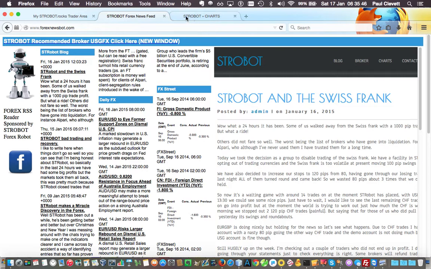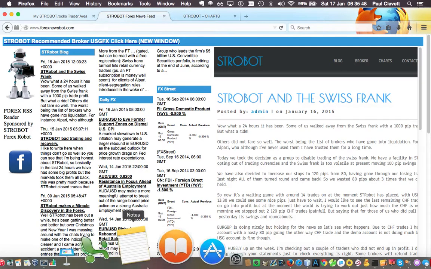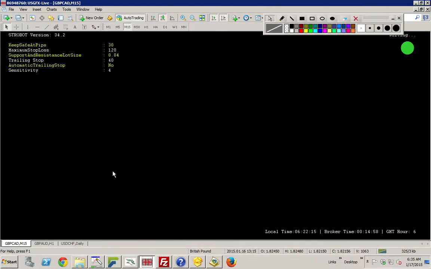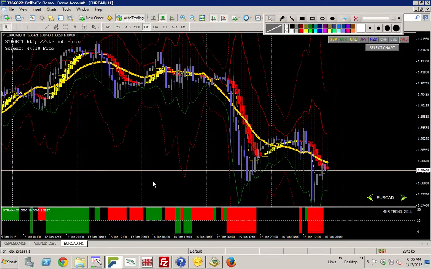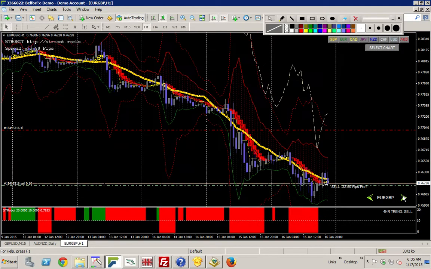We've got a Facebook page, all kinds of other things, and there's the STROBOT community as well, which is a group of traders who are all on Skype in a group basically, and you can chat, and if you've got ideas you can suggest them and they get coded in if they're good. This development has been going on about 6 years, so he's been through a lot of metamorphoses, and this is kind of where it's at now. So I hope that's helpful.